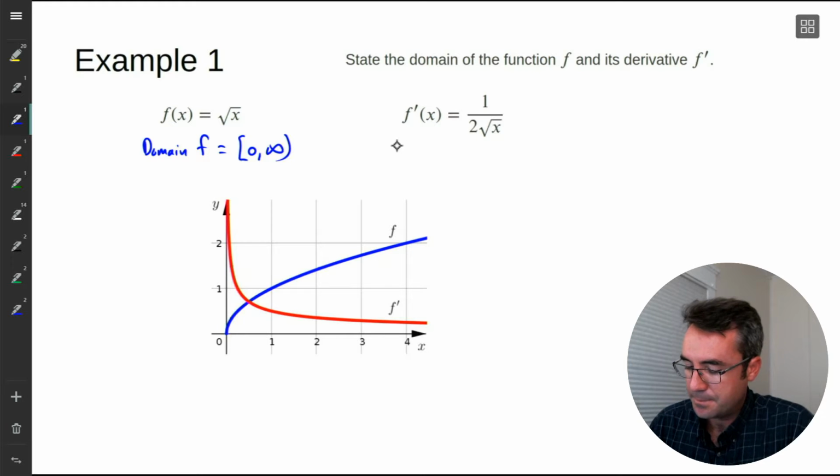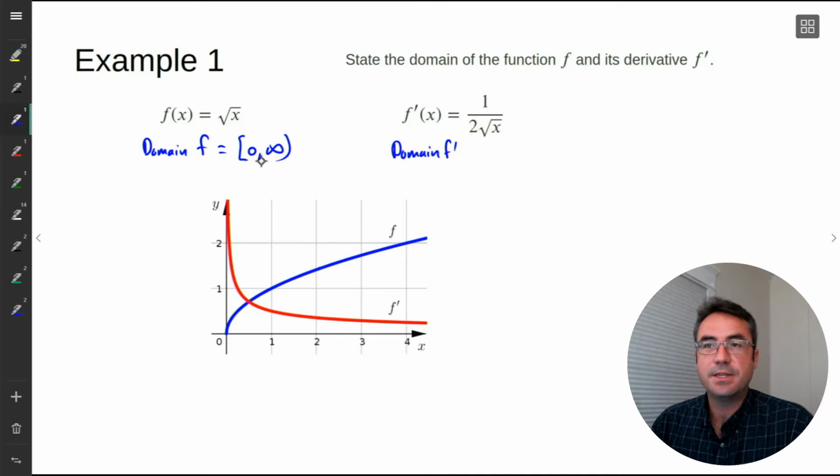What about the domain of f prime? At best, it would be this interval, but we see that 0 isn't going to work because plugging 0 into this would give us division by 0, which is undefined. And actually, if you were to try to use the limit definition to calculate the derivative at x equals 0, you would run into precisely what we're seeing, a division by 0 situation. So for the domain of f prime, we actually have to throw 0 out.